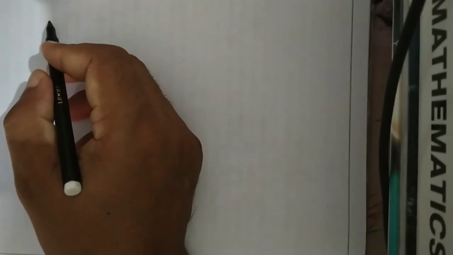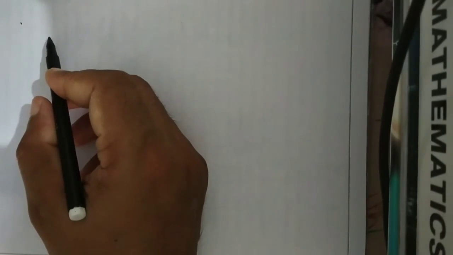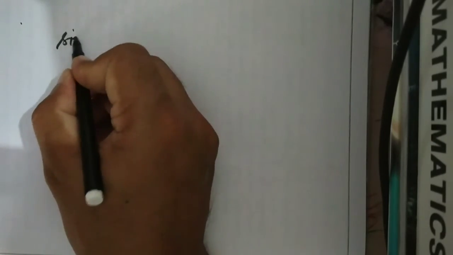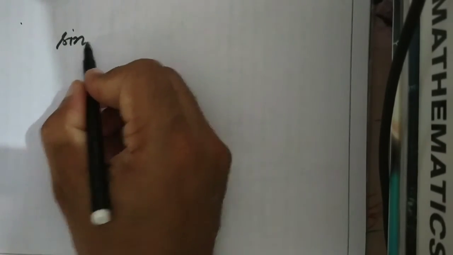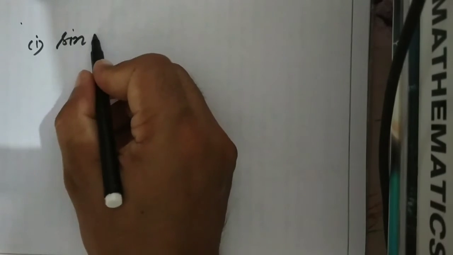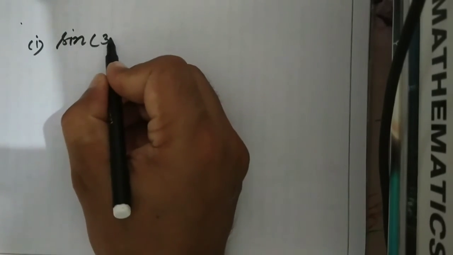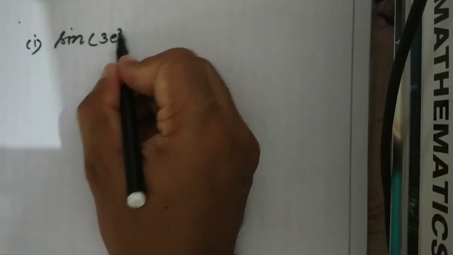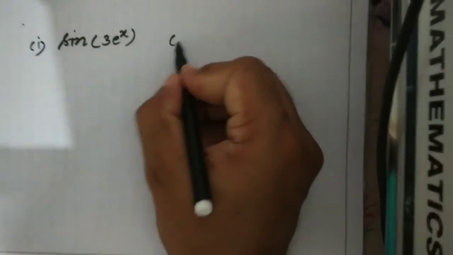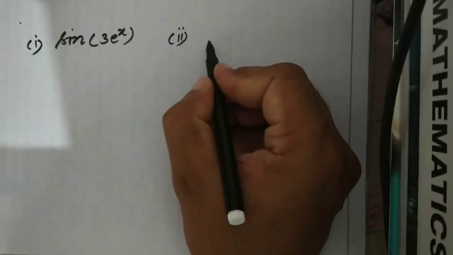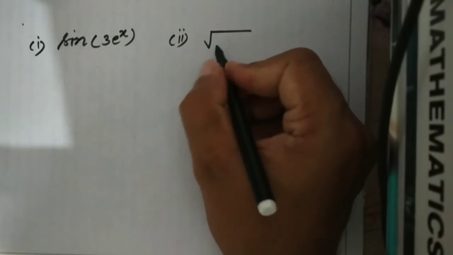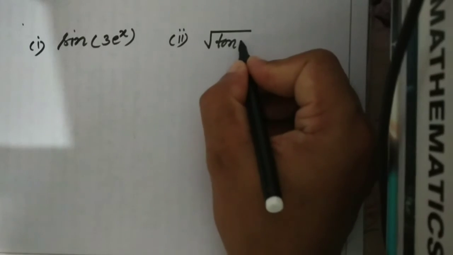Here is some quick homework which you can easily solve with the help of the chain rule. First question: sine of 3 e to the power x. Second question: square root of tan root x.